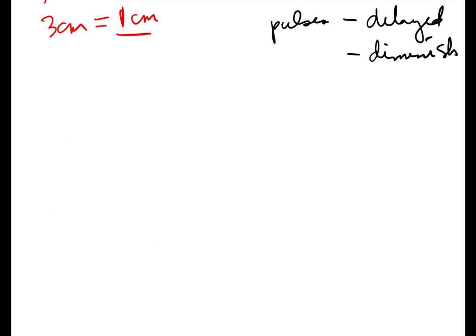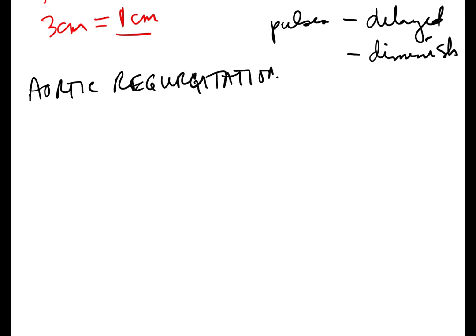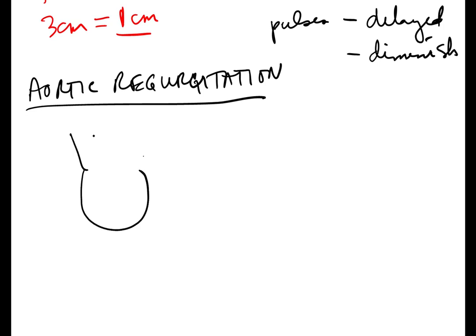And then the last of the important murmurs we have to be able to talk about is aortic regurgitation. When we talk about aortic regurgitation, let's draw our image for ourselves here. So here's our left atrium, here's our aorta, here's our mitral valve, and there's our left ventricle. So we're talking here about the aortic valve.